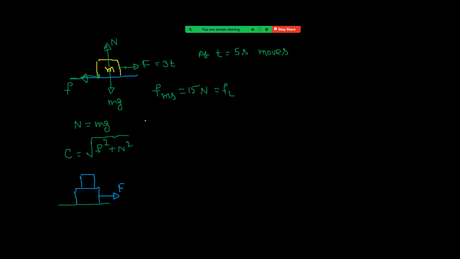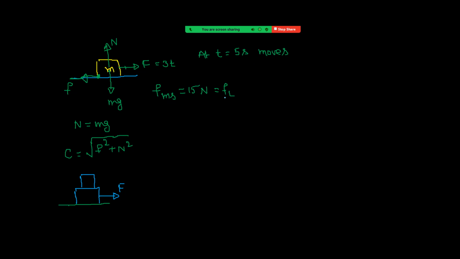And how long can it adjust? See here, when t equal to 5 seconds, the block moves. This is the condition given. That means in this problem, frictional force, that is static friction, can reach up to 15 Newton. So in this problem, the maximum value of static friction is 15 Newton.